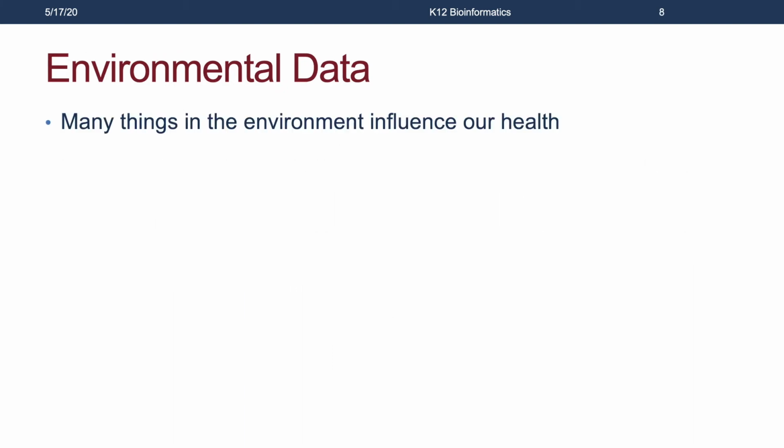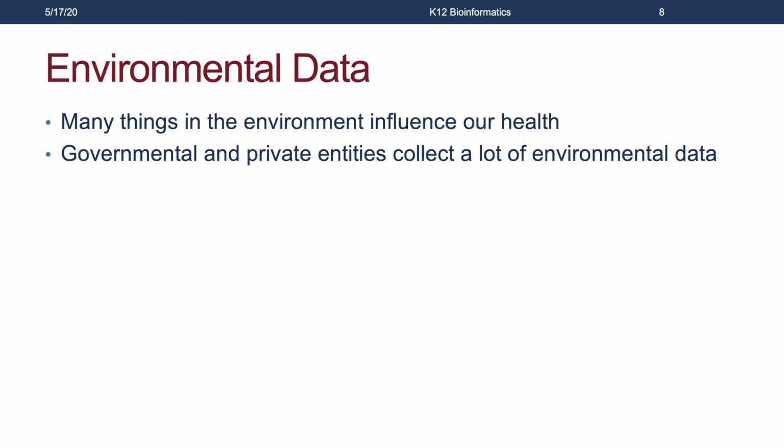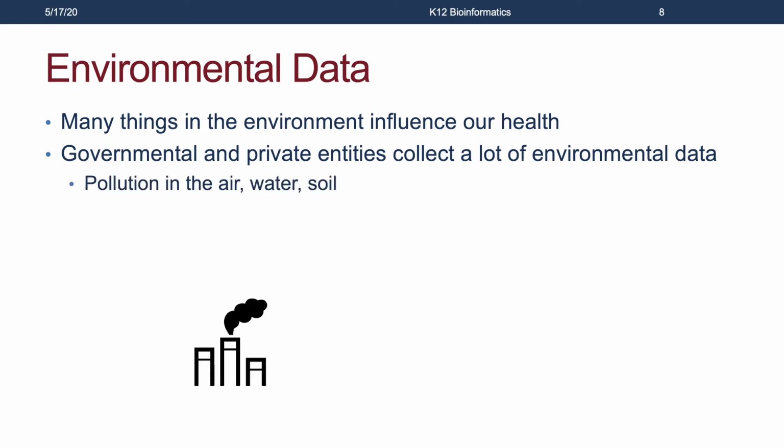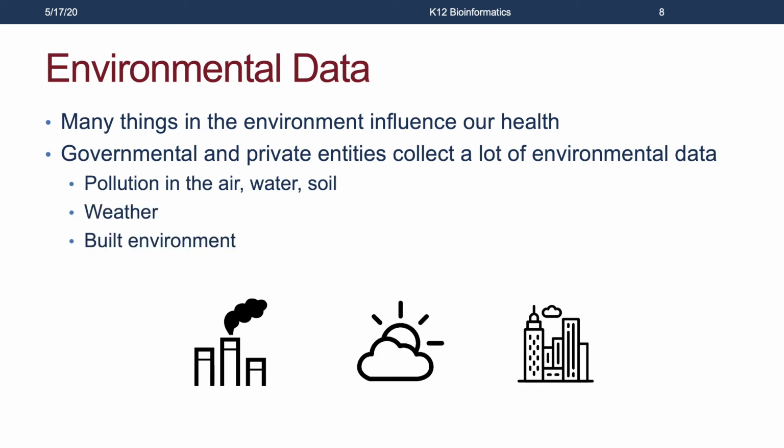Environmental data. Many things in the environment influence health, and because of this, governmental and private entities collect a lot of environmental data, including pollution in the air, water, soil, weather, and data on the built environment. Air pollution is a specific environmental data type that we will cover in more depth in subsequent lectures, so I will briefly introduce it here.